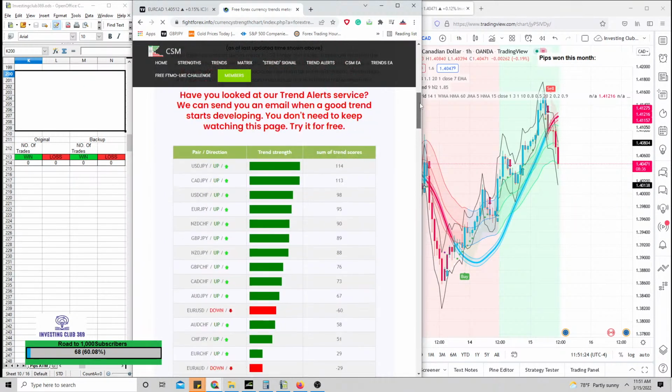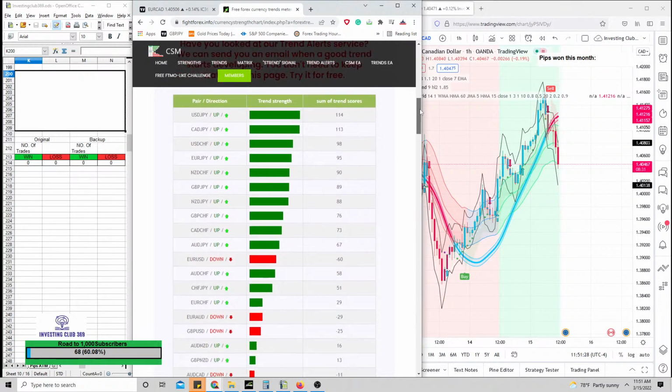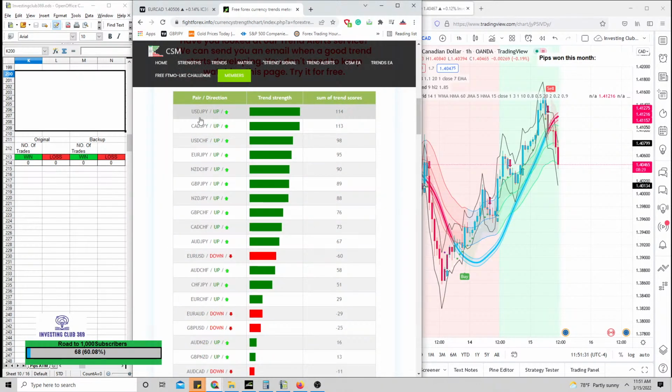For example, let's see. For a fact, the USD JPY is always the strongest trend ever. And the reason is that it's one of the most stable pairs to trade. You just have to catch it when it's starting a trend, you know.